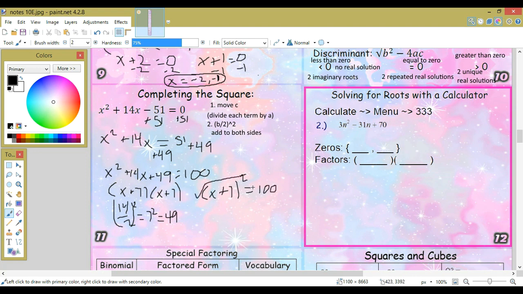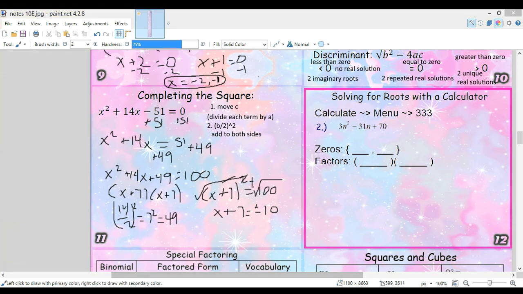To get rid of a square, we take the square root. That cancels those. X plus 7 equals plus or minus 10. Whenever we take a square root of a constant like this, we're going to put a plus or minus in front of it.